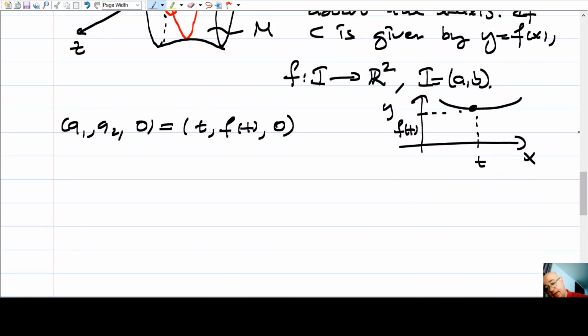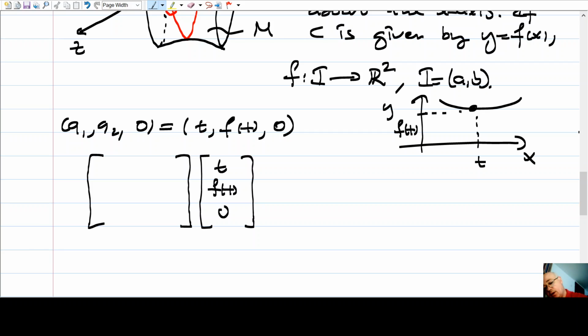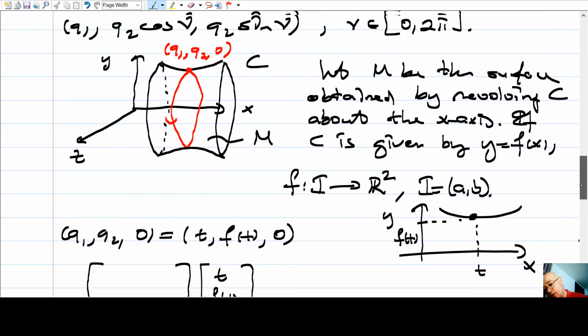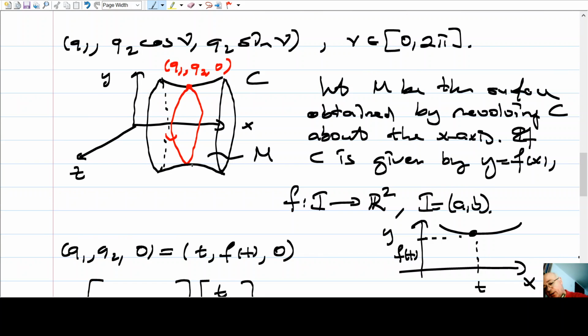So in the yz plane, this means I am just rotating this point 0, sorry, f of t, f of t 0 in the yz plane. So in the x direction, nothing changes, right? The x coordinate doesn't change as you move this point. The x coordinate here is fixed.